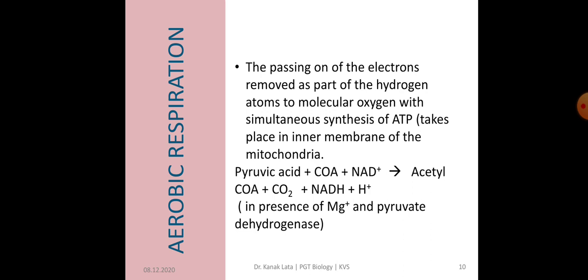The reaction is catalyzed by pyruvic dehydrogenase and requires the participation of several coenzymes including NAD plus and coenzyme A. Here the reaction is: pyruvic acid plus coenzyme A plus NAD plus forms acetyl CoA plus carbon dioxide plus NADH plus hydrogen plus, in the presence of magnesium and pyruvate dehydrogenase.